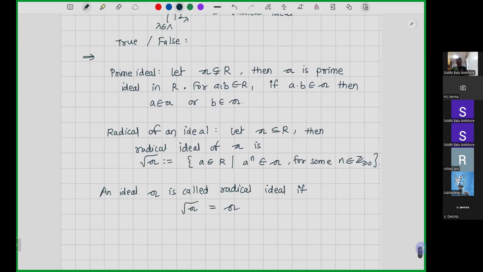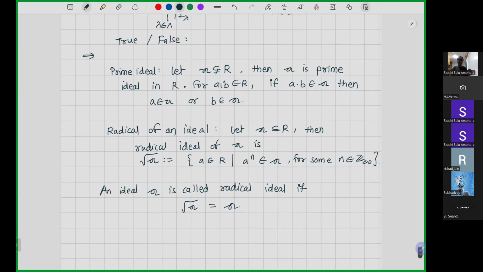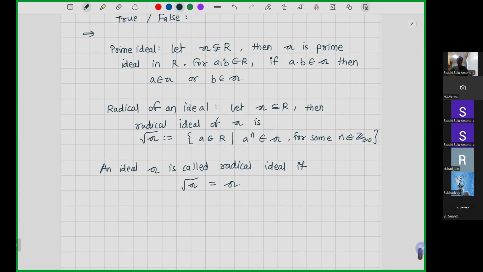So a prime ideal is one where if the product of two elements belongs to the ideal, then one of the elements must belong to that ideal. And in the case of the radical, it is all those elements a from the ring R such that a to the power n lies in A for some non-negative integer n. And the ideal itself is called a radical ideal if its radical is equal to the ideal itself.